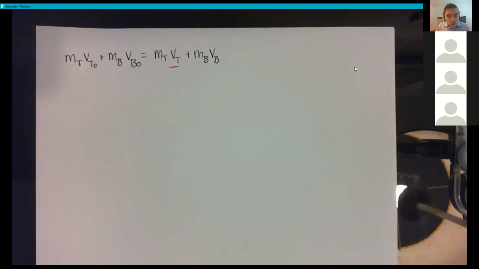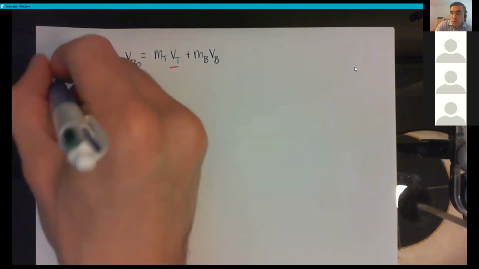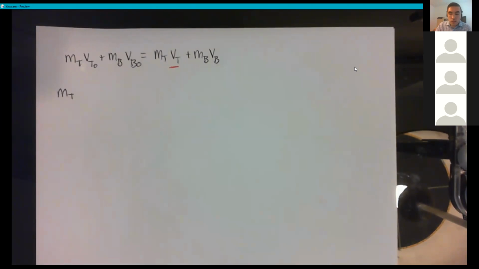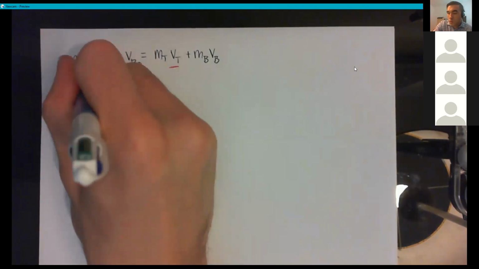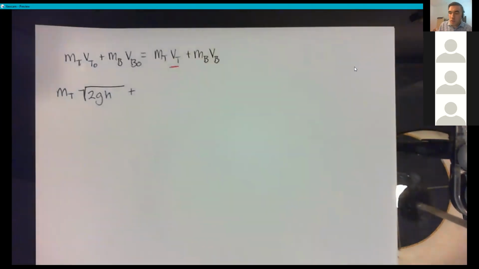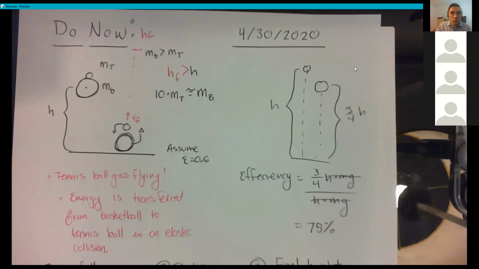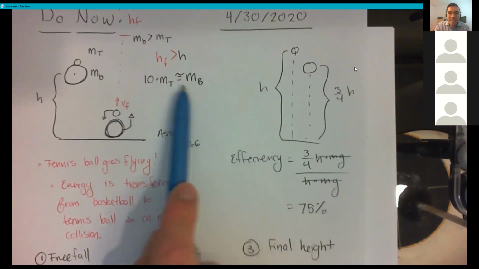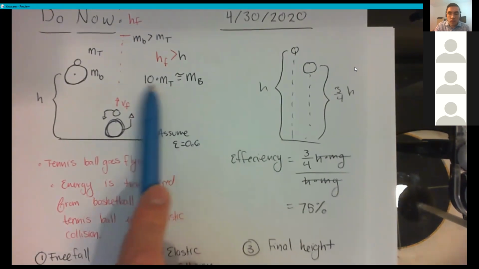So on the left-hand side, that's going to be the mass of the tennis ball. And we'll be working on this in terms of tennis ball mass. So mass of the tennis ball multiplied by the velocity that it had as it fell. So in this case, it's going to be the square root of 2gh plus the mass of the basketball. But like I said, so that the math cleans up nicely, we looked up the masses, and the mass of one basketball is 10 times the mass of a tennis ball.